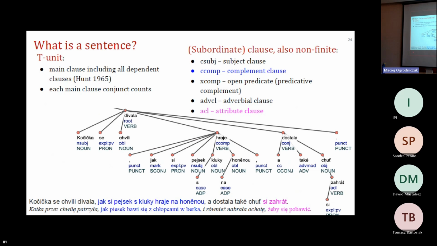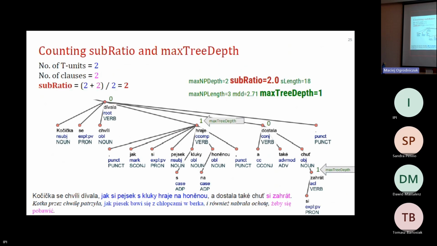Here you have an example. [Polish/Czech example sentence.] So you have two main clauses, two conjuncts, and two subordinate clauses. These are the blue and this color. And here you see how we count that.